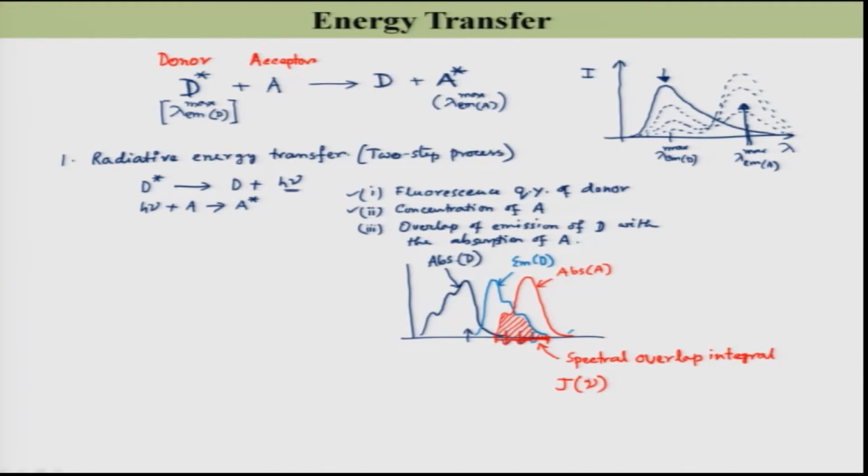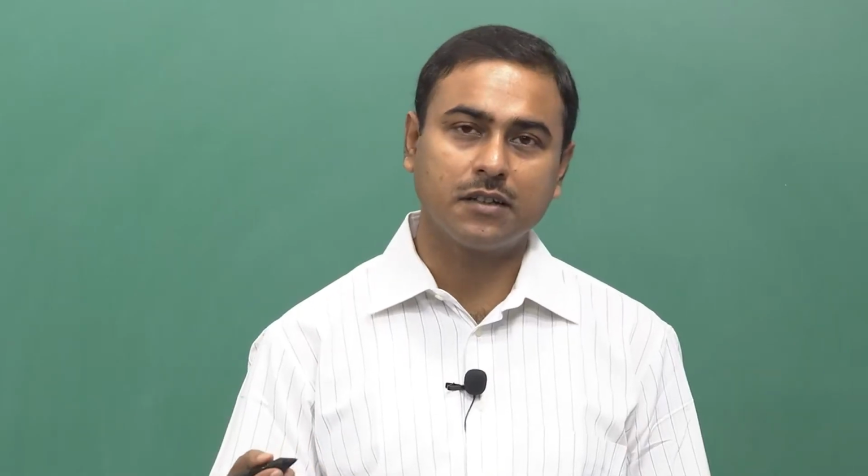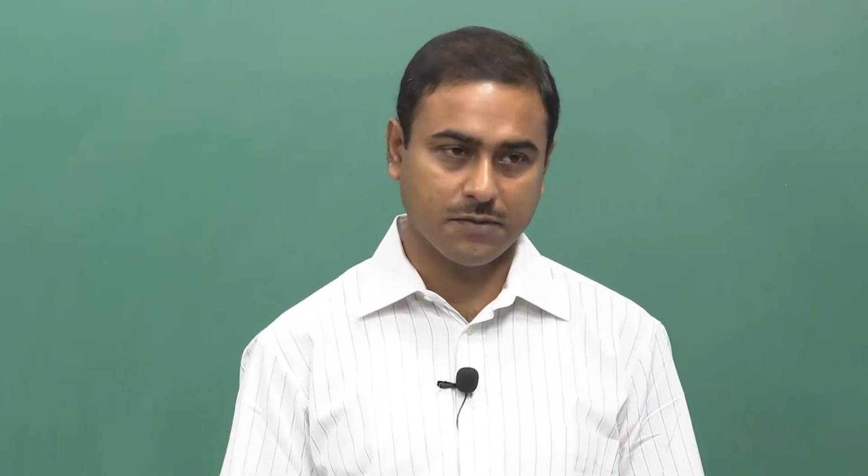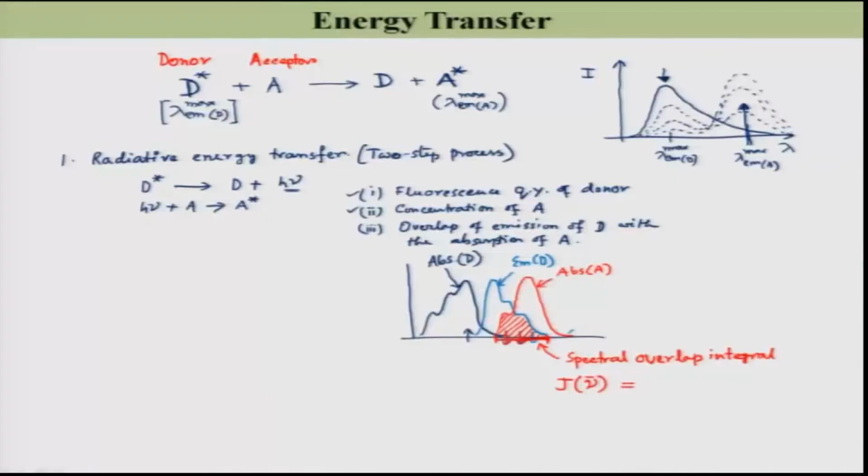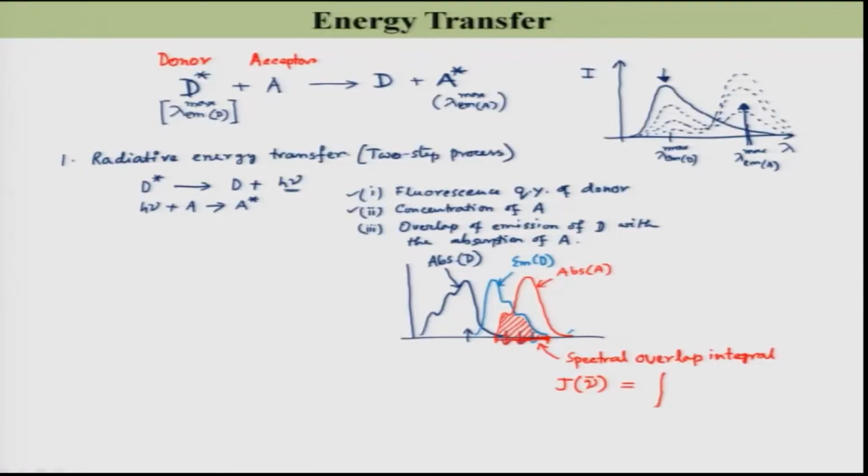J of nu bar. This nu bar is the inverse of the wavelength, and usually the unit we refer to is centimeter inverse. The expression for this should contain the emission spectra of the donor and the absorption spectra of the acceptor, and this is generally evaluated as the integration from 0 to infinity of the fluorescence spectra or emission spectra of the donor.